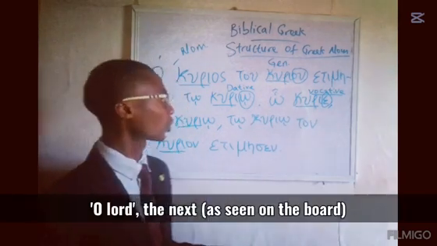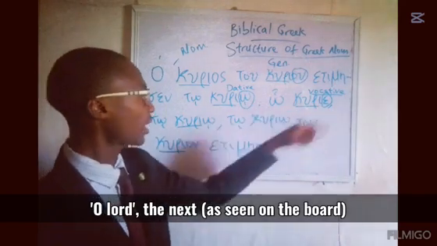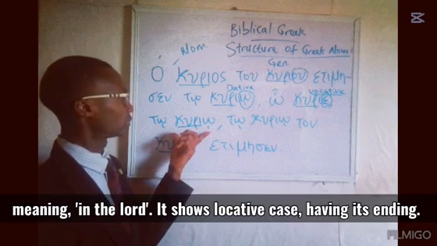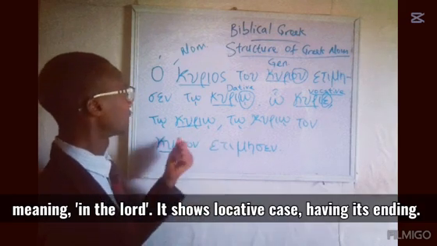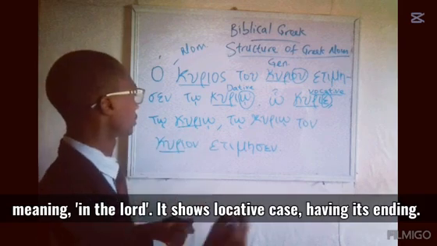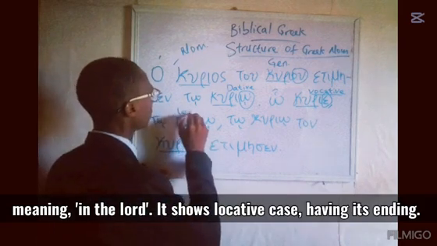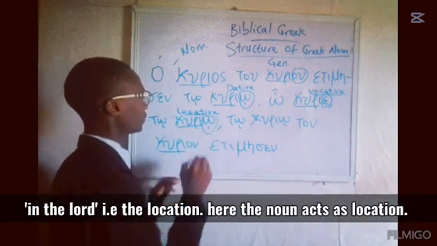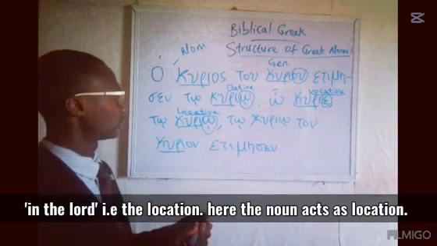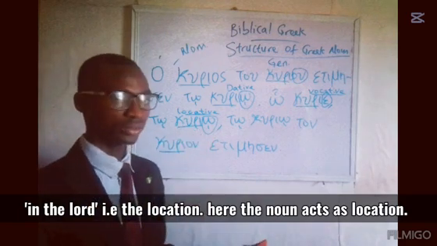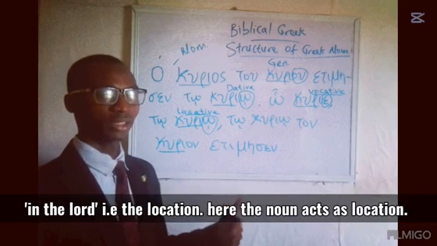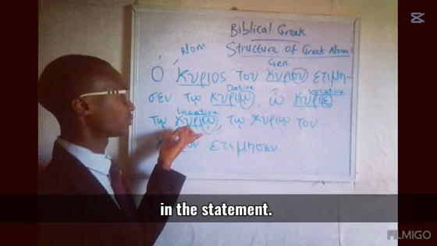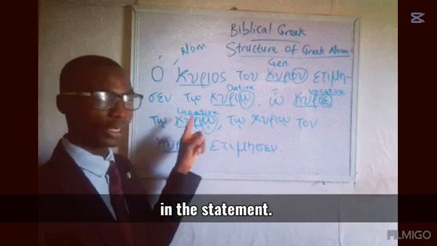O Lord, comma, en kuriō, which means in the Lord. That shows the locative case. So this is the ending of the locative. In the Lord. And it shows the location, when the noun acts as the location of that particular statement. So in the Lord, that's the locative case.